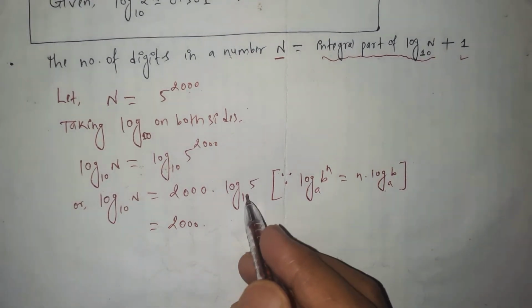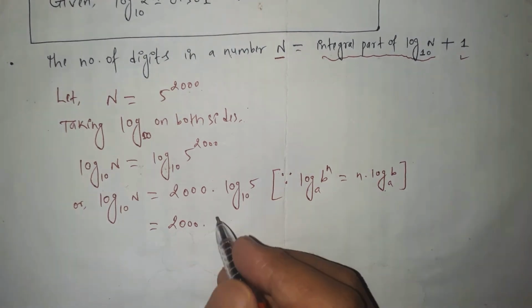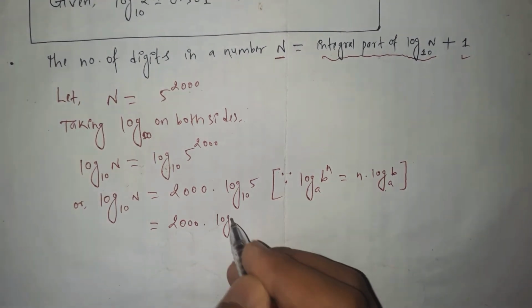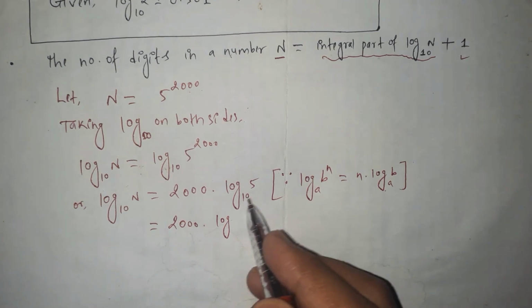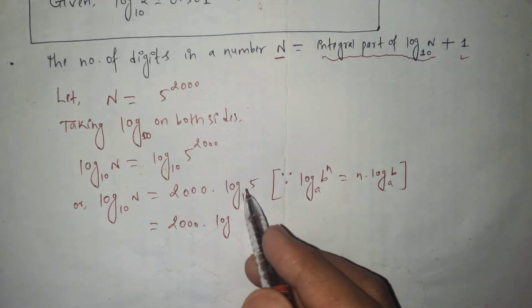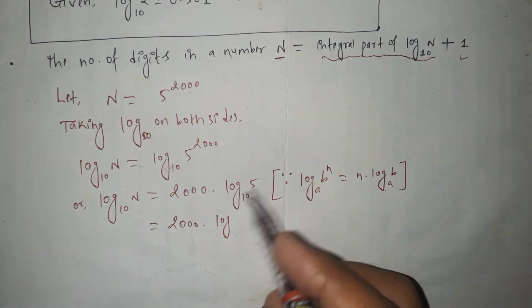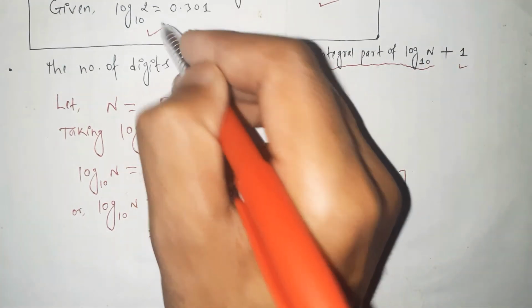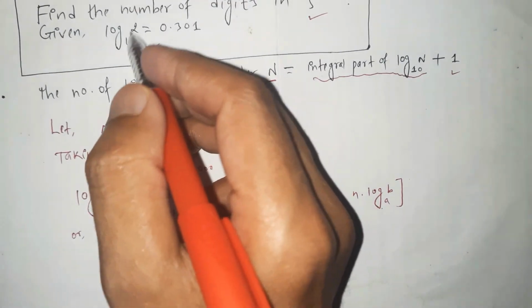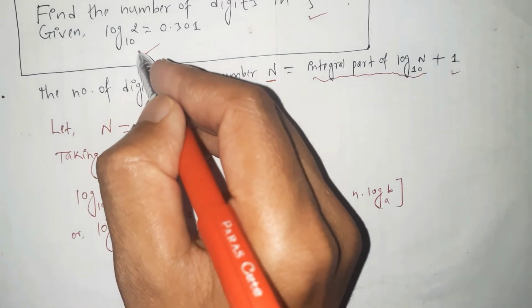2000 times the log of 5 with base 10 can be written in terms of the log with the argument 2. The value of the log with the argument 2 is given here.